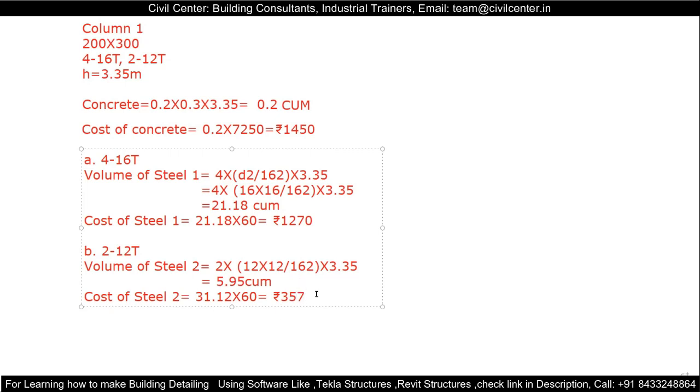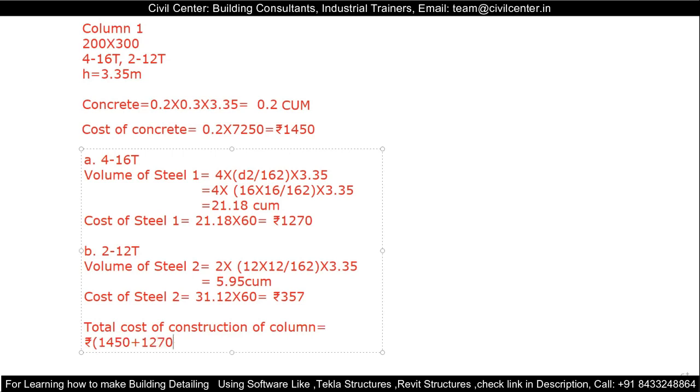Okay, now let's calculate the total cost of construction of this column, and that will be the sum of all these values, that is 1450 plus 1270 plus 357.